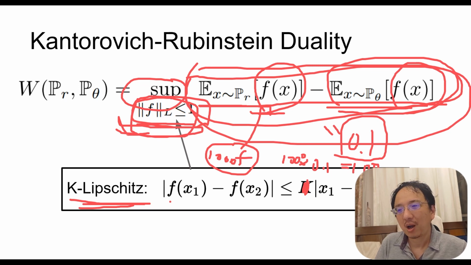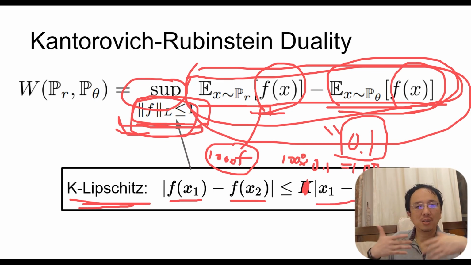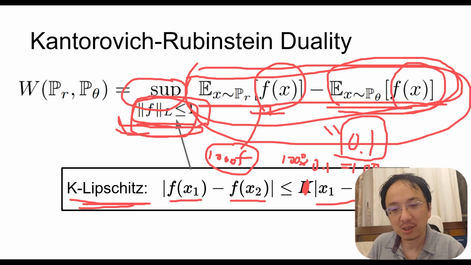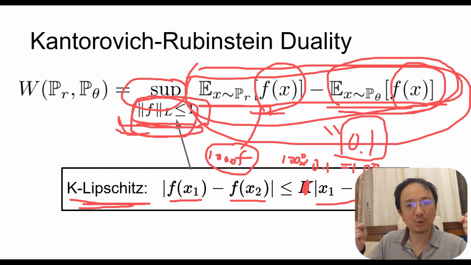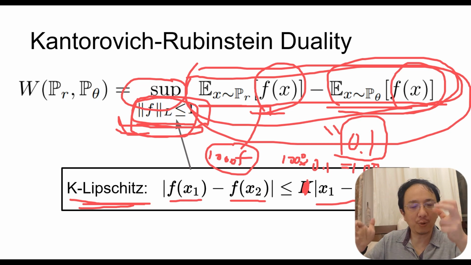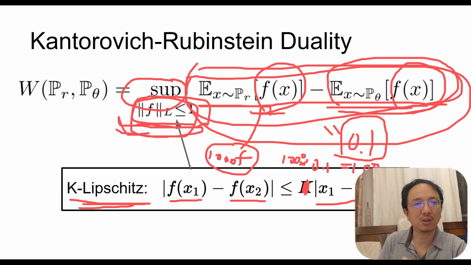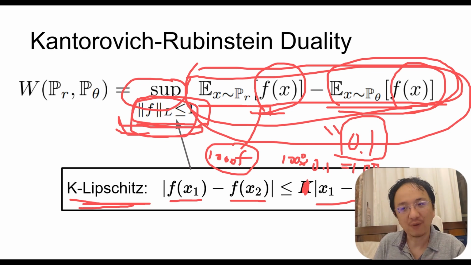It means no matter what f(x1) or f(x2) is, the difference between f(x1) and f(x2) should be less than or equal to their original distance. You can consider it as a mapping that is going to shrink the distance between the inputs. So the distance between outputs is no larger than the distance between the inputs.